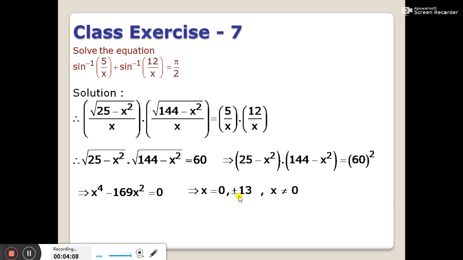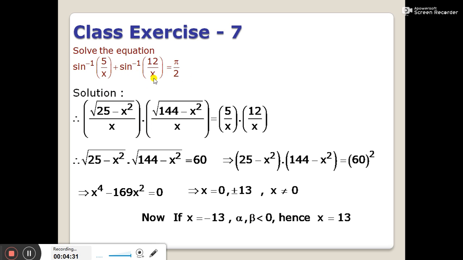Now we have the two values plus minus 13. If we consider x equal to minus 13, then alpha and beta both have negative values. The left hand side becomes negative, but the right hand side is positive.